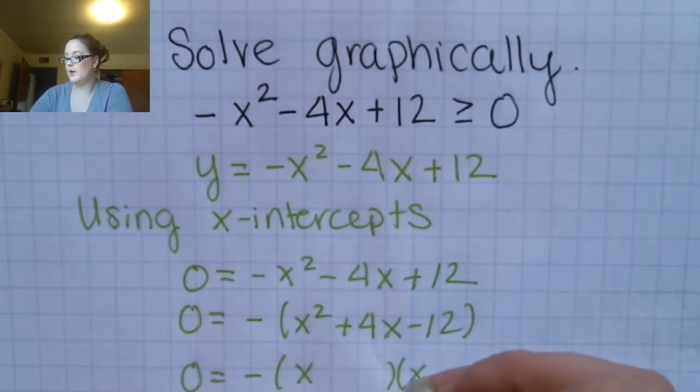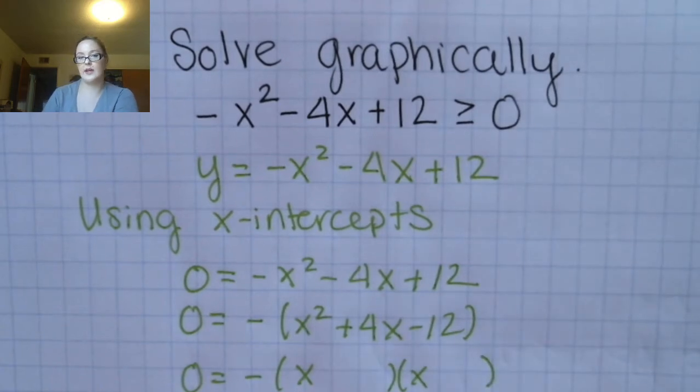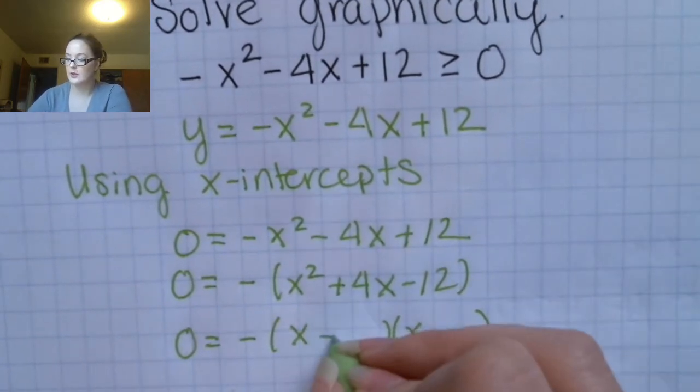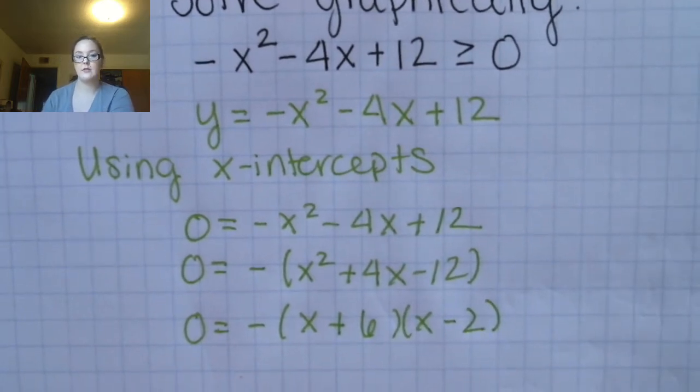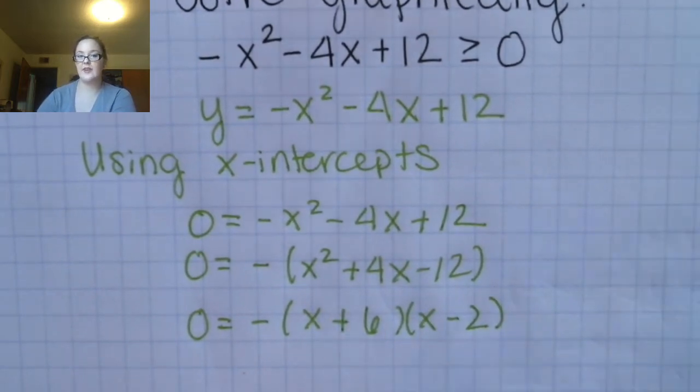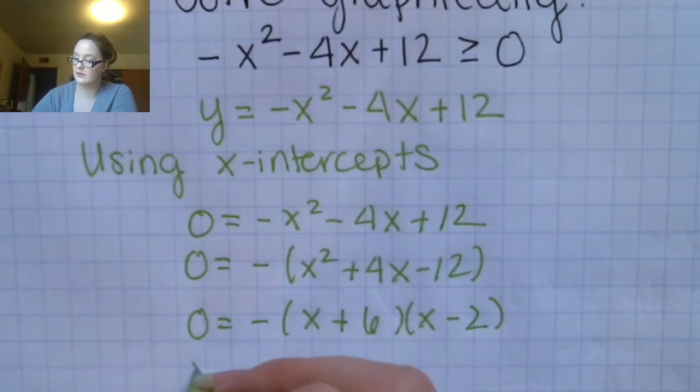So what multiplies to -12 and adds to 4? I think it should be +6 and -2. Okay, and then I'm going to set each of my factors equal to 0.